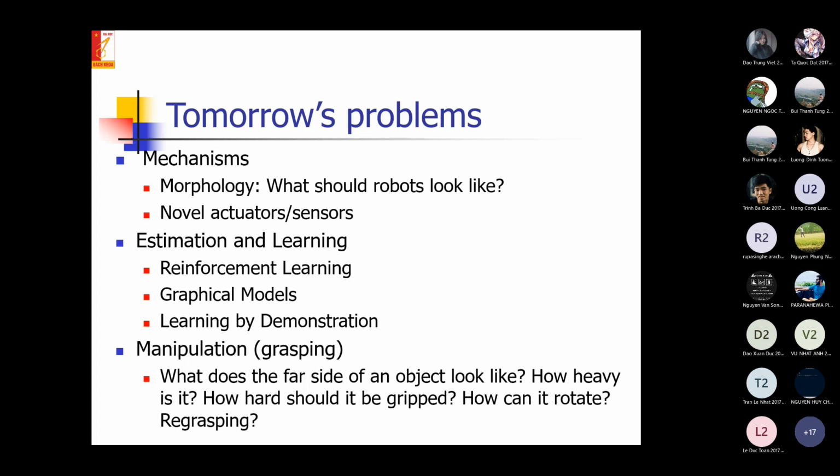And for manipulation, the problem will be raised as what the size of an object looks like, and how heavy it is, and how hard it should be gripped, or whether it can be rotated or not.